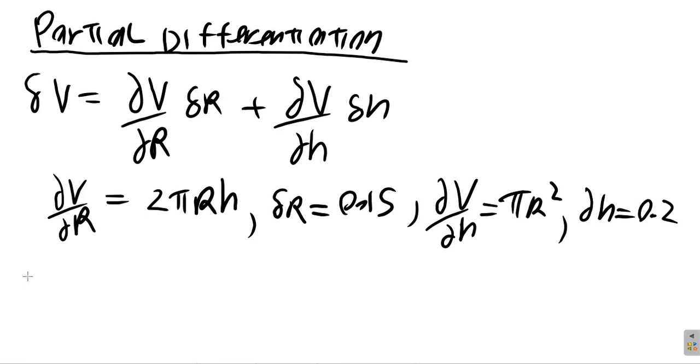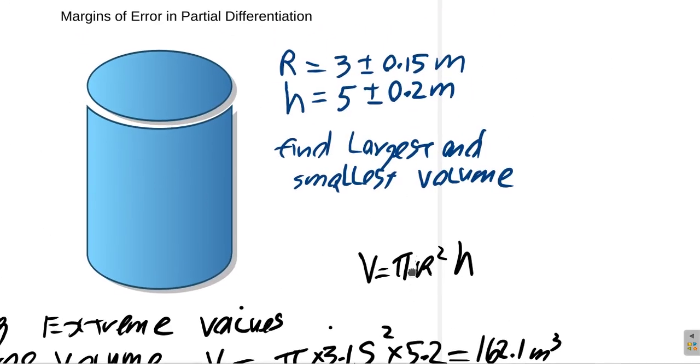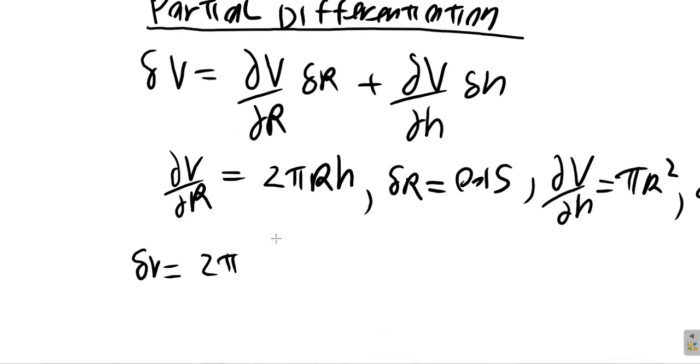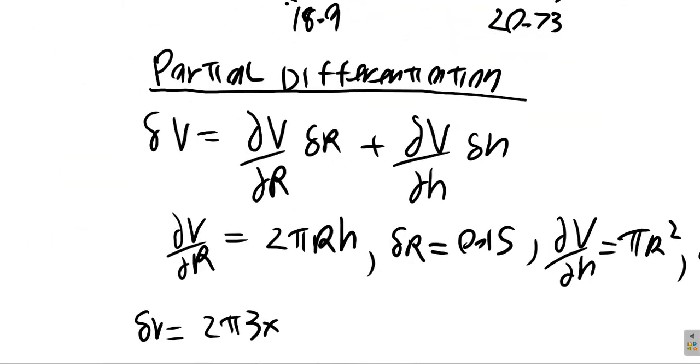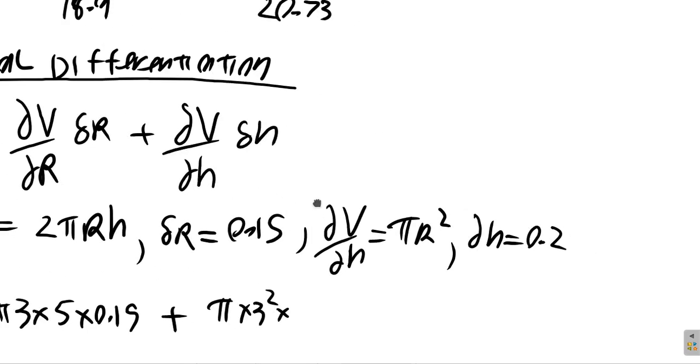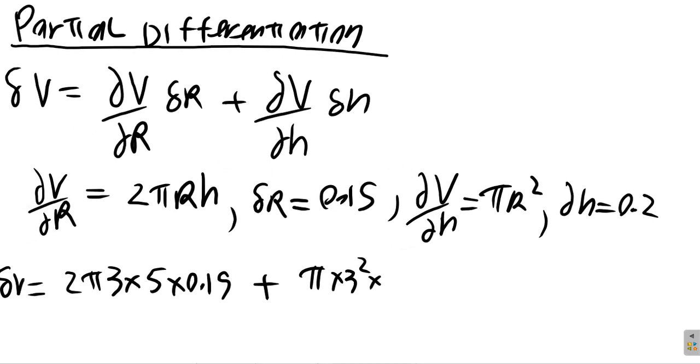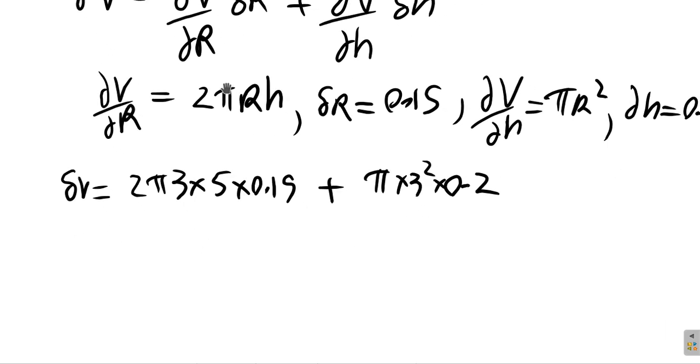So the change in v is equal to 2 pi times radius 3 times height 5 times 0.15, plus pi times 3 squared times the change in height, 0.2.